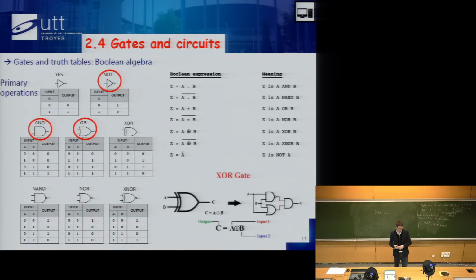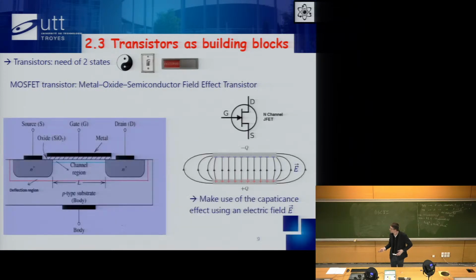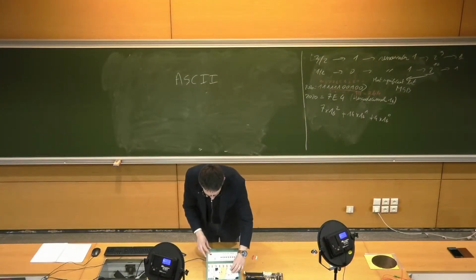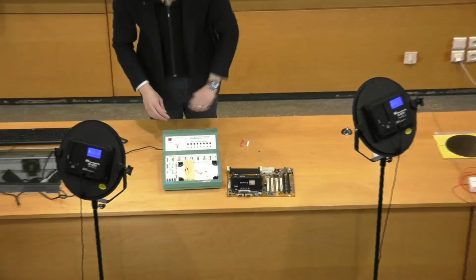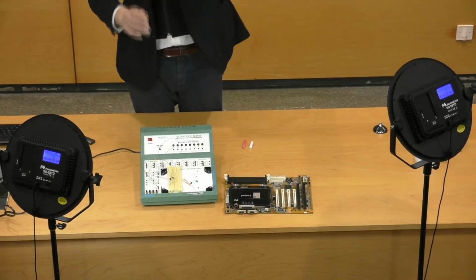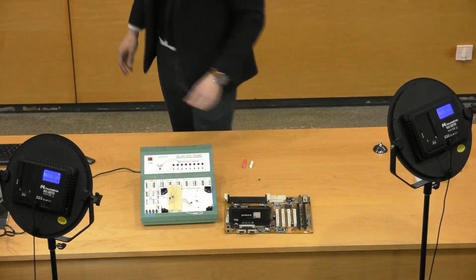Right, so once you've got all these elements, before I go into gates, let me get back to the transistor. What you have here, you probably can't see very much, but I'll explain. In here you've got a transistor, one of those with the 3 pins, on this circuit board.